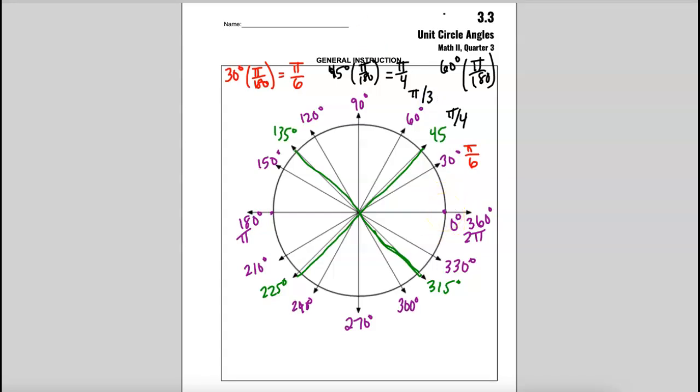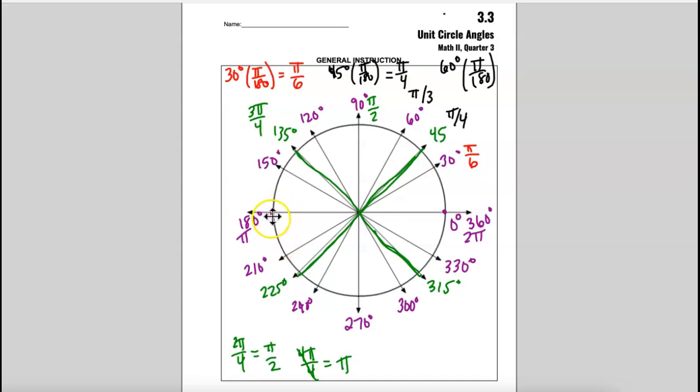Okay, so from here I'm going to count. Let's go with our green lines, our 45 degree angles right now. If 45 degrees, from here to here, is 1 pi over 4, another 45 degrees would be 2 pi over 4, and that reduces to pi over 2. So 90 degrees is pi over 2. If we go another 45 degrees down here to 135, we get 3 pi over 4. Another pi over 4, we get 4 pi over 4, which reduces to pi.